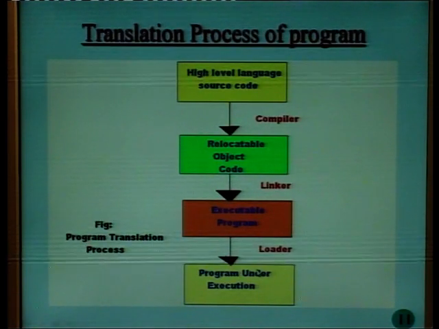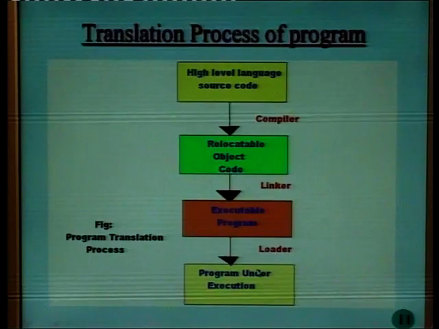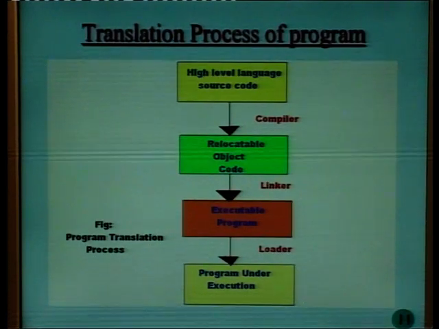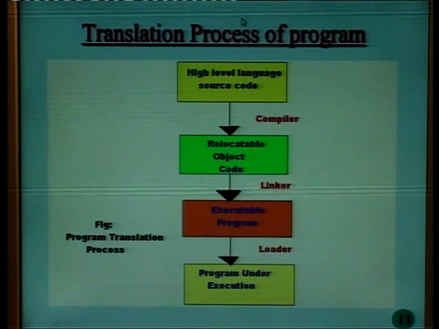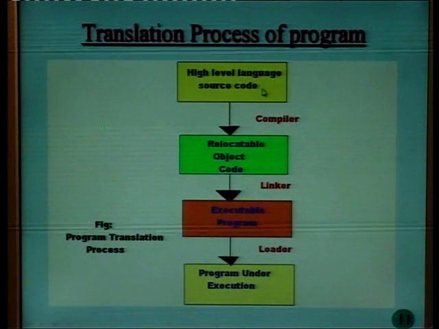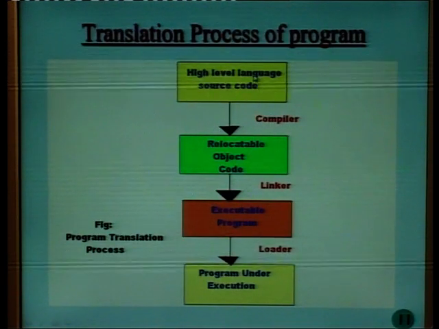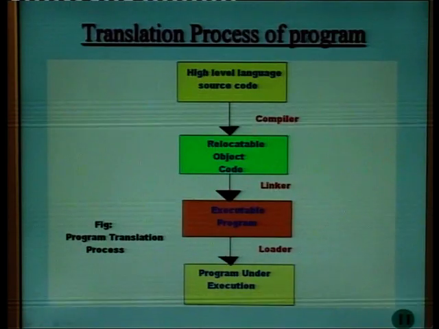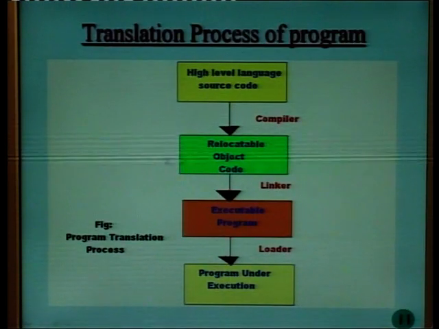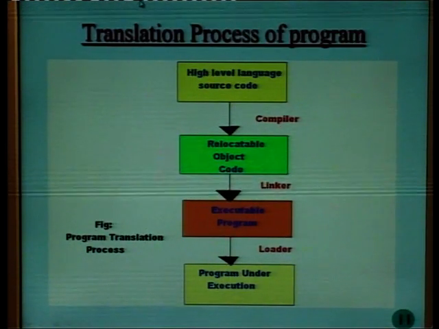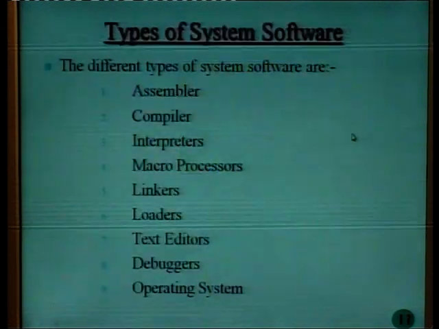And finally, to load the program from the secondary memory into main memory, we have a loader. So different system programs are designed and used for the execution and translation process of a program. This module is just to explain the concept of the different system programs.